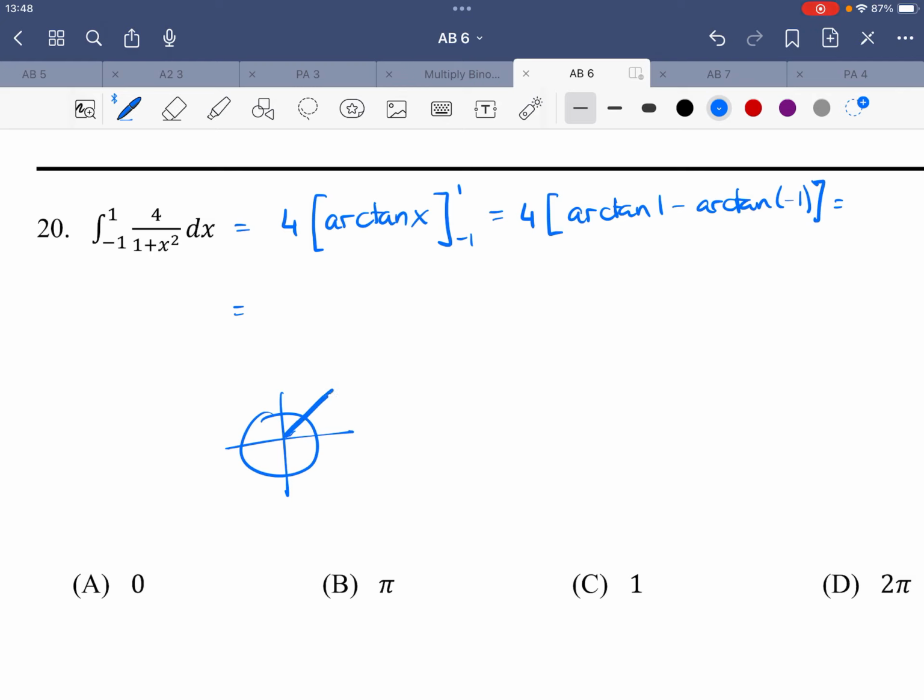So the slope is 1 when the angle is pi over 4. And then when is the slope negative 1? The slope is negative 1 when the angle is negative pi over 4. So pi over 4 minus negative pi over 4 is going to be pi over 2 times 4 is going to be 2 pi.